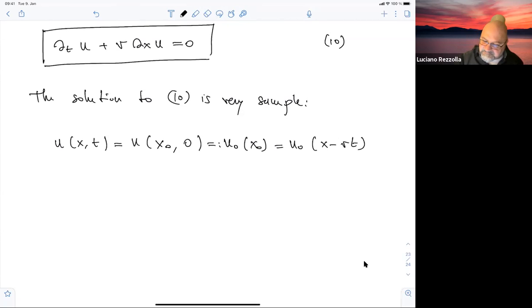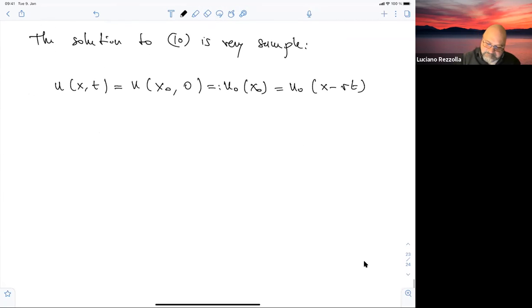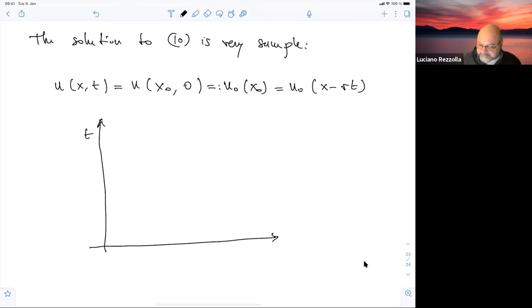By the way, v is a constant. Okay, so to have an idea, suppose that you are in a space-time, t and x, and you want to know the solution at this point here, x and t.